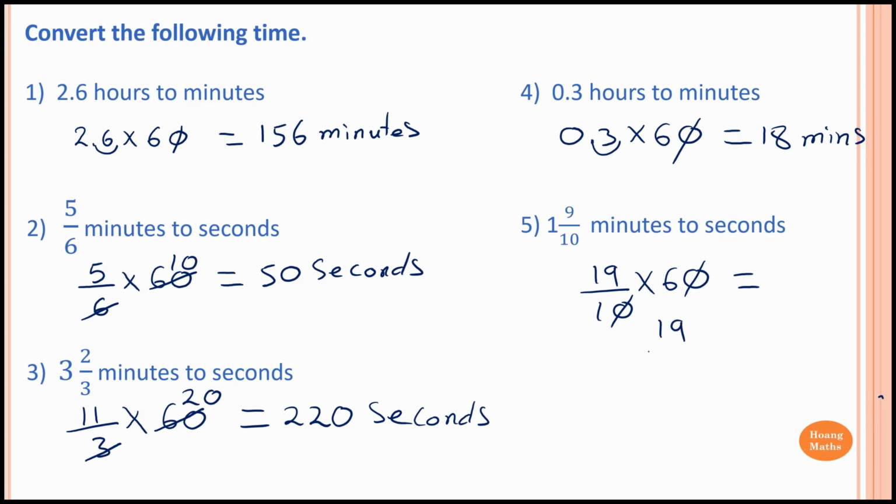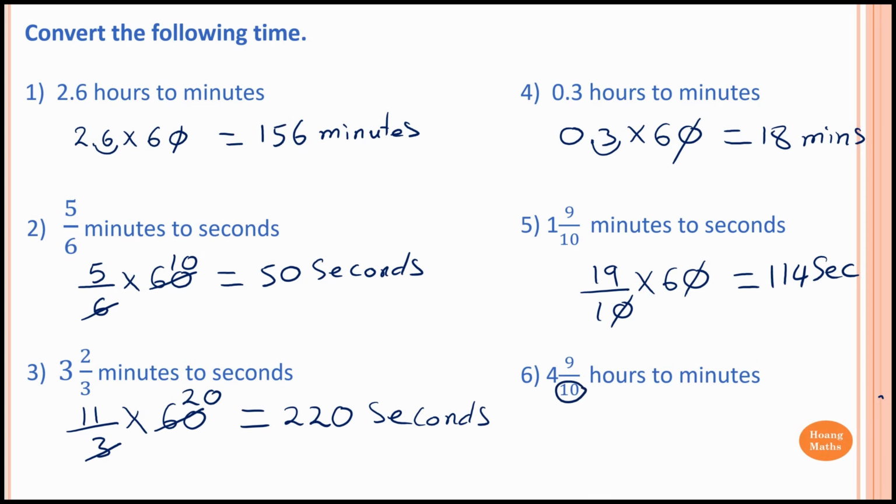So 19 times 6. 6 times 9 is 54. So we write 4 down and carry the 5. 6 times 1 is 6. Add 5 is 11. So the answer is 114 seconds.